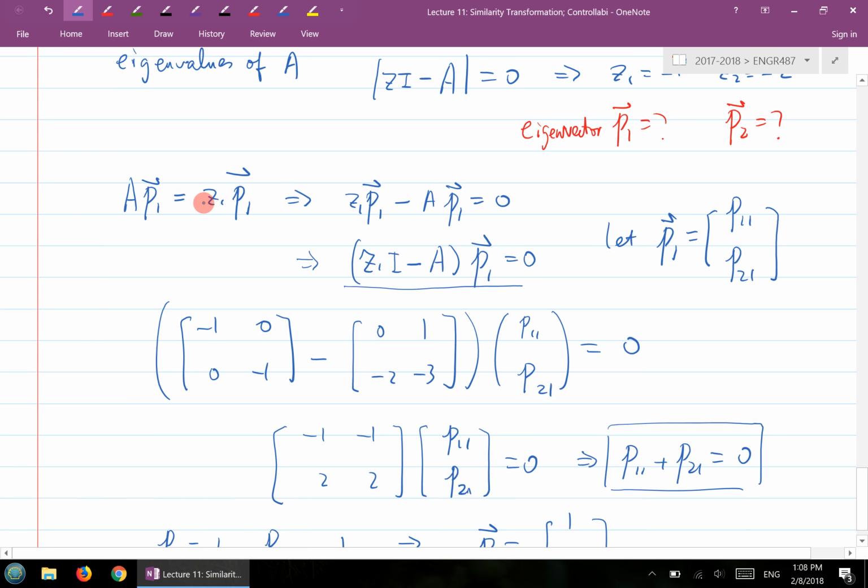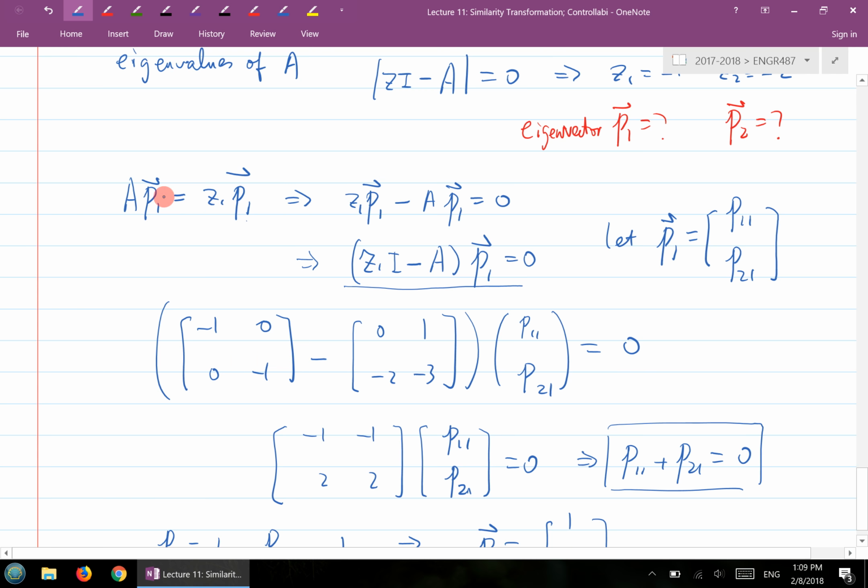So if you think about it, you cannot claim that A times P1 yields a vector with the same direction as P1 but arbitrary other scales. You can keep scaling the P1, no problem.